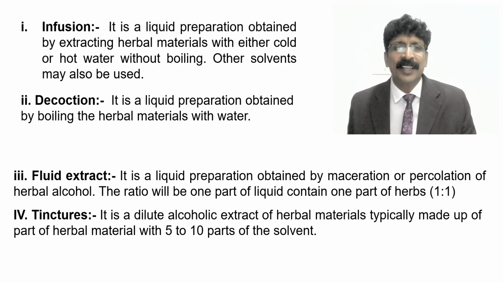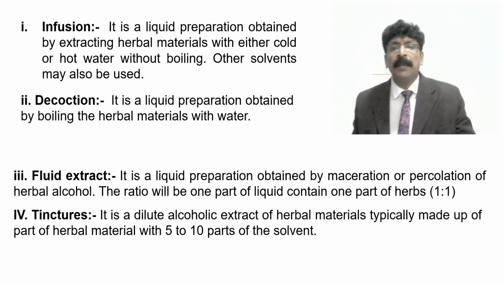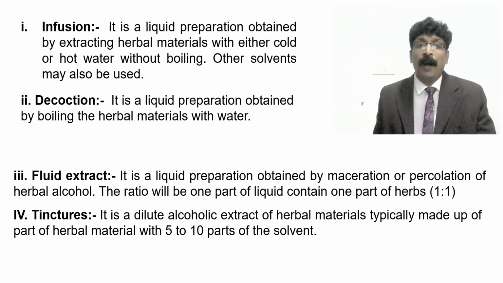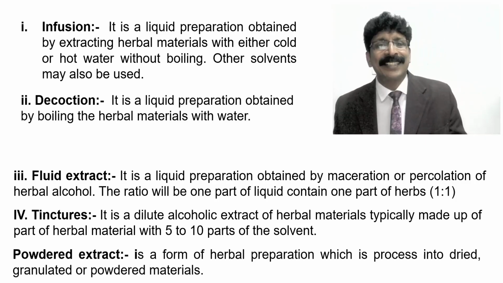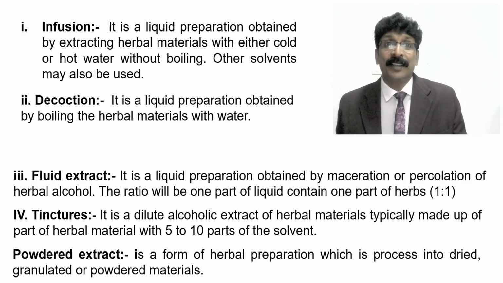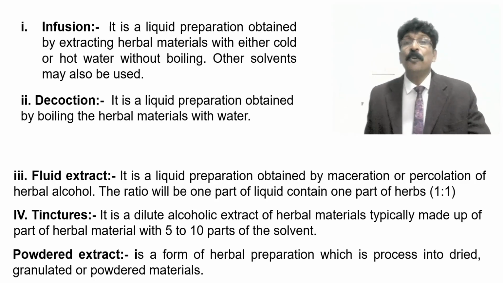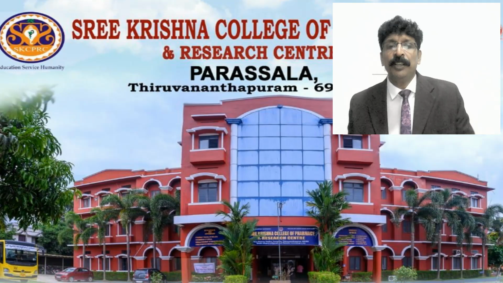Tinctures: dilute alcoholic extracts of herbal materials, typically made of 1 part of herbal material with 5 to 10 parts of the solvent. Powdered extracts: a form of herbal preparation processed into dried, granulated or powdered material.